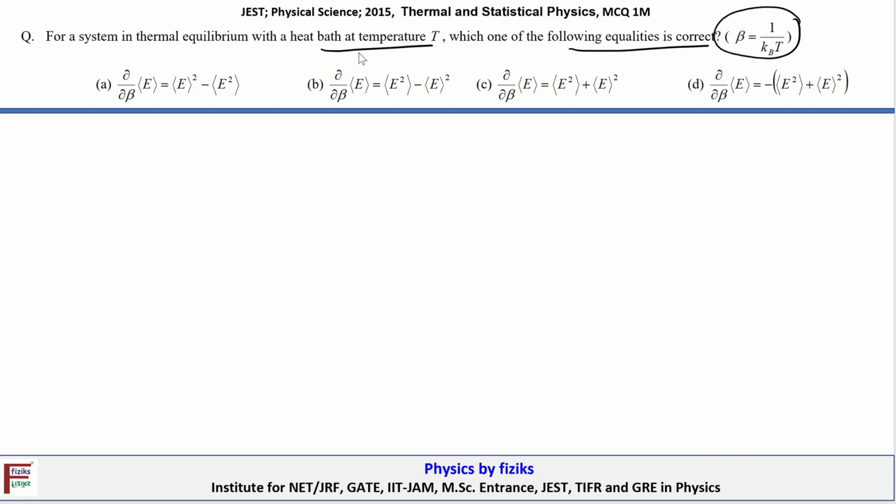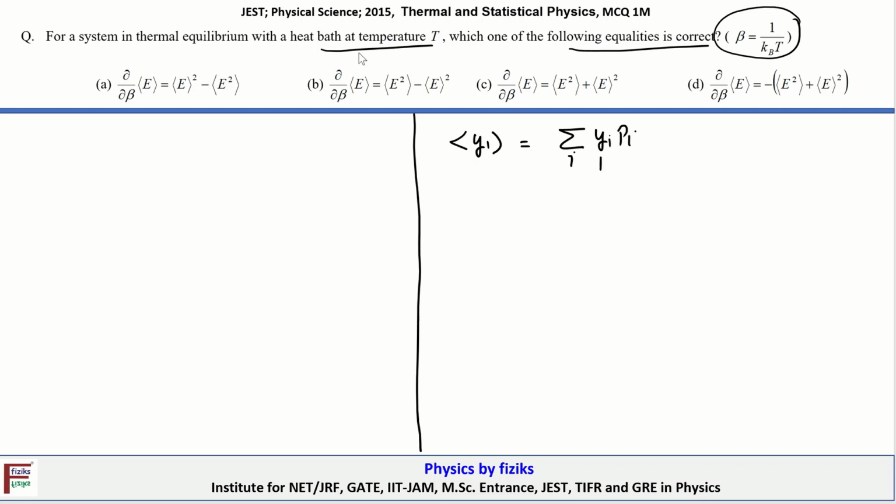Okay, so here since in the options we are given the average of various physical quantities, we will make use of one of the important results that you might have learned in your theory classes. The average of a physical quantity y, where y represents any physical quantity, is given by the expression sum over i of yi pi.